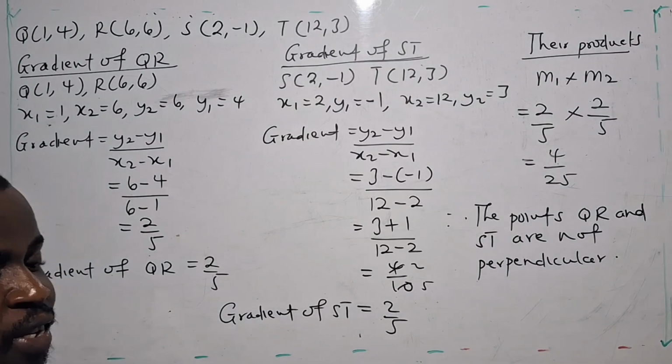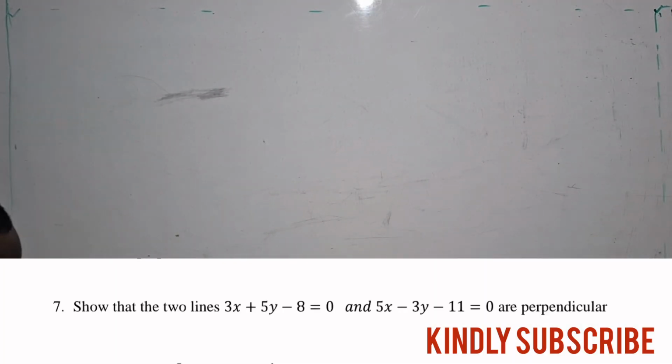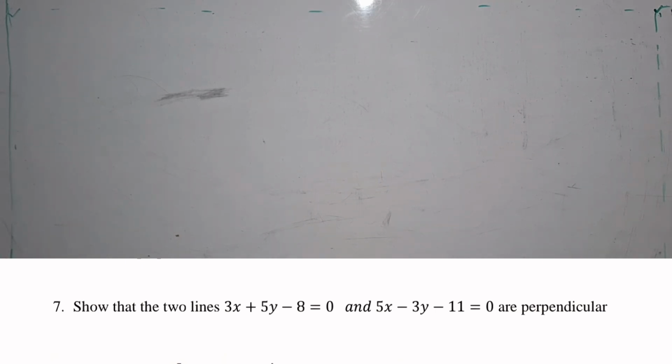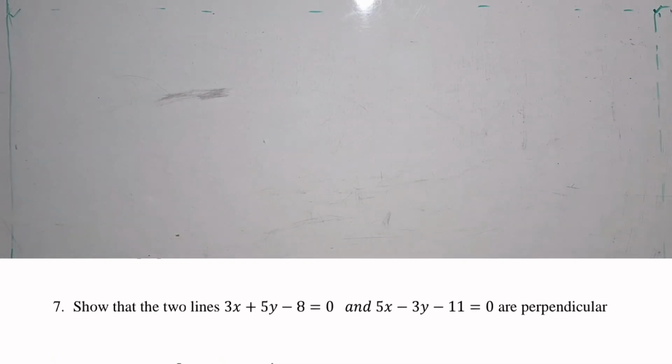So we are taking the last question on perpendicular. Show that the 2 lines 3x plus 5y minus 8 is equal to 0 and 5x minus 3y minus 11 is equal to 0 are perpendicular.